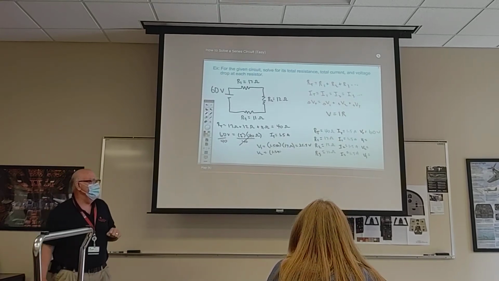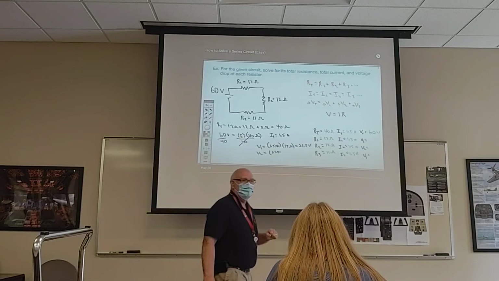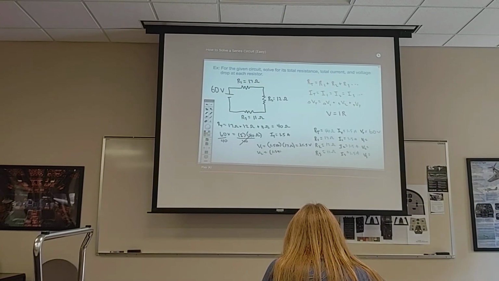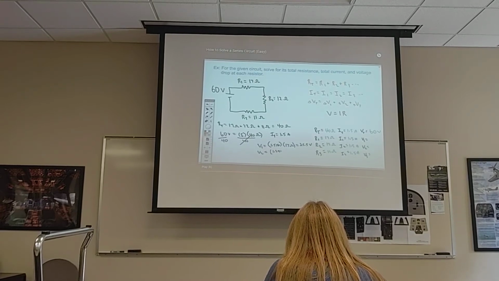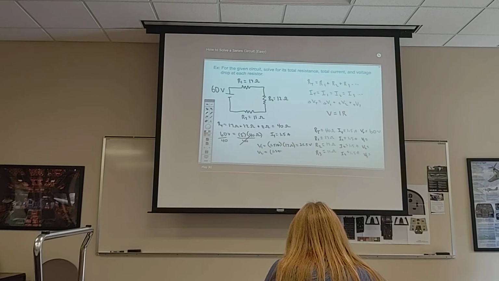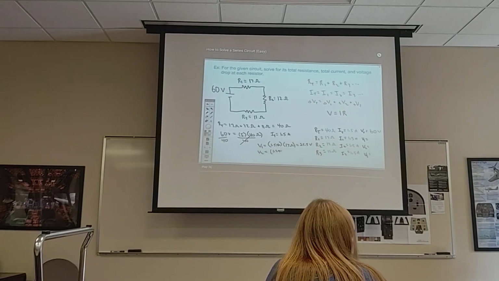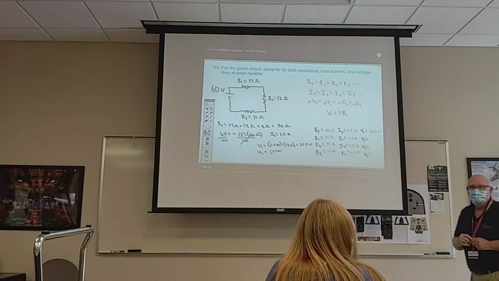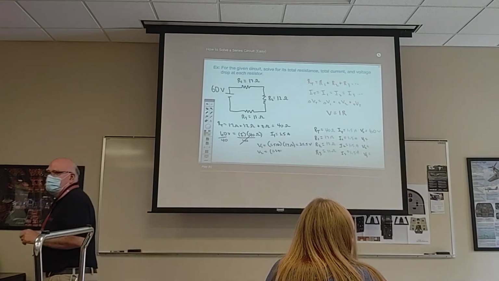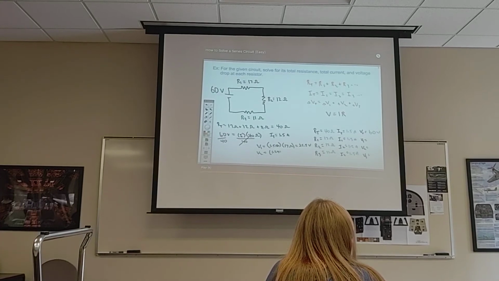And what's next is the voltage. What happens to the voltage across each of the resistances? The total voltage is the sum again, which means you get a voltage drop across each load in a series circuit.